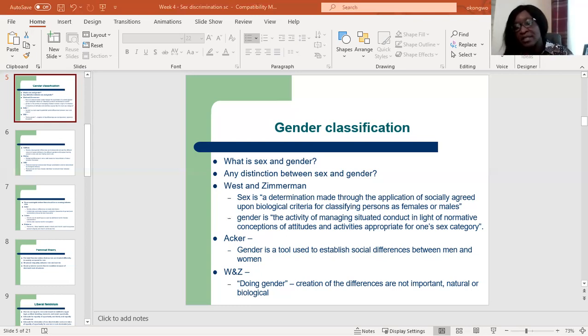Okay, and then West and Zimmerman called this doing gender. All right, and they said that the creation of these differences are not natural or biological. These gender differences that society creates is just a way to reinforce the importance of gender and as a way to create domination of men over women.